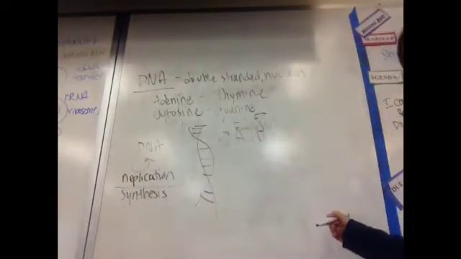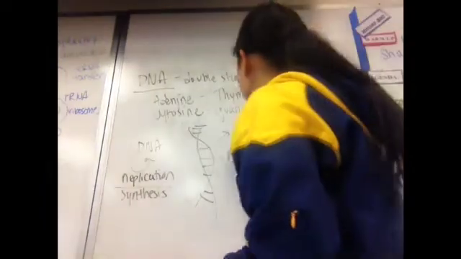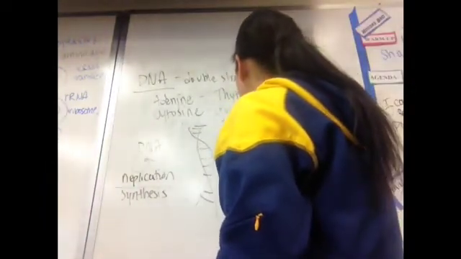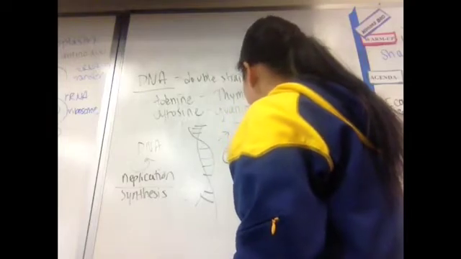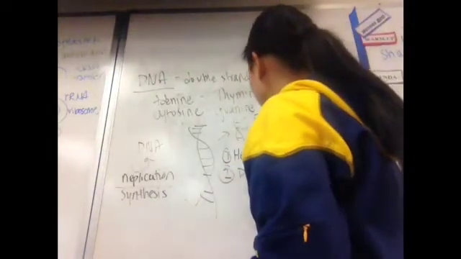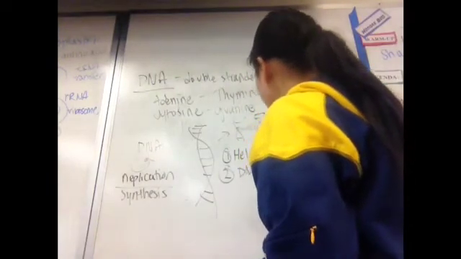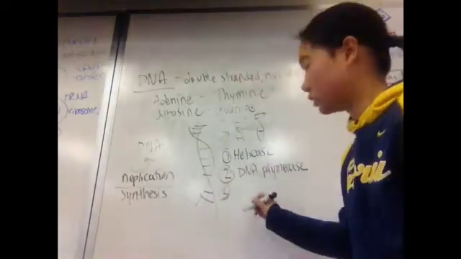And so who are some of the key players in this? There are 3 enzymes you want to think about. Helicase. Then we have a second enzyme, which is called DNA polymerase. And we have a third enzyme that I want you to remember called ligase.